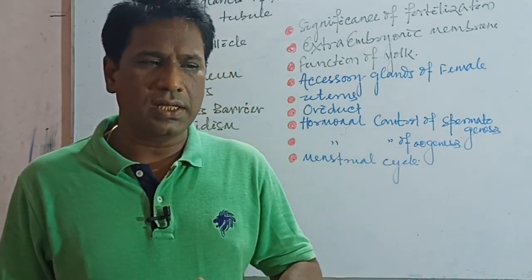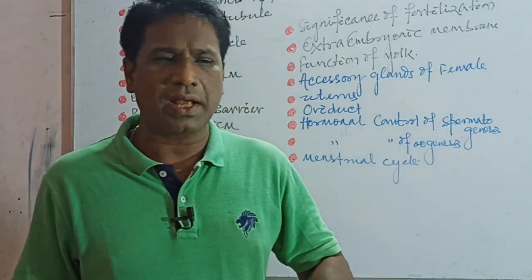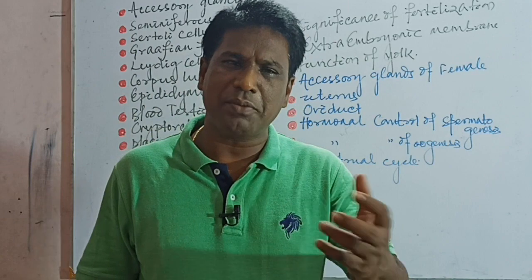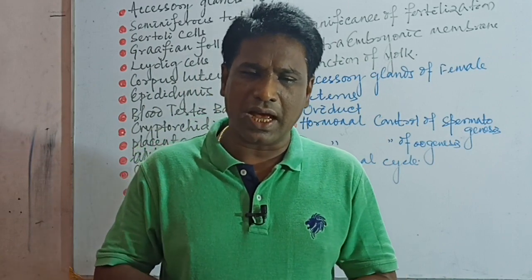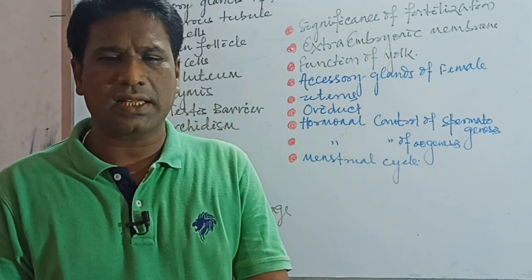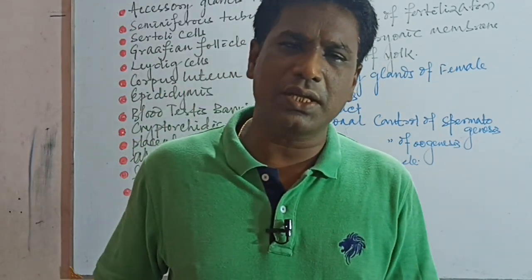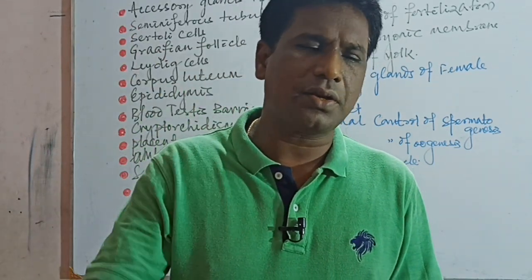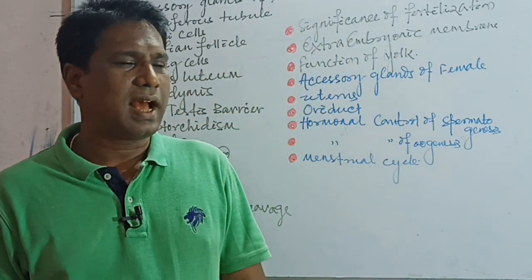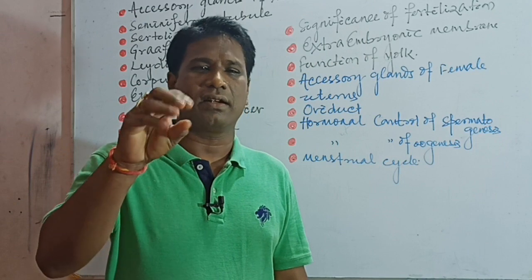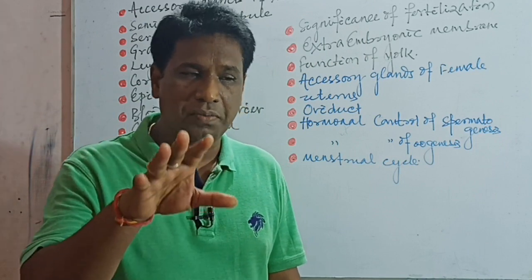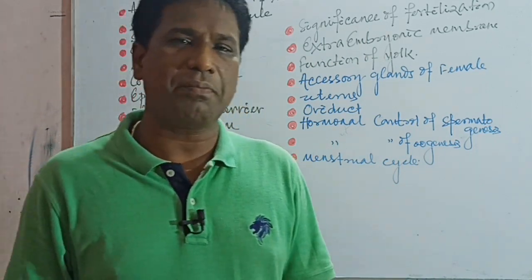Next, which surrounds the embryo, is called amnion. And from the gut of the embryo, a large sac-like structure arises, that is called yolk sac. And just nearer to the yolk sac, another small sac-like structure is called allantois. So there are 4 different types of extra-embryonic membrane.